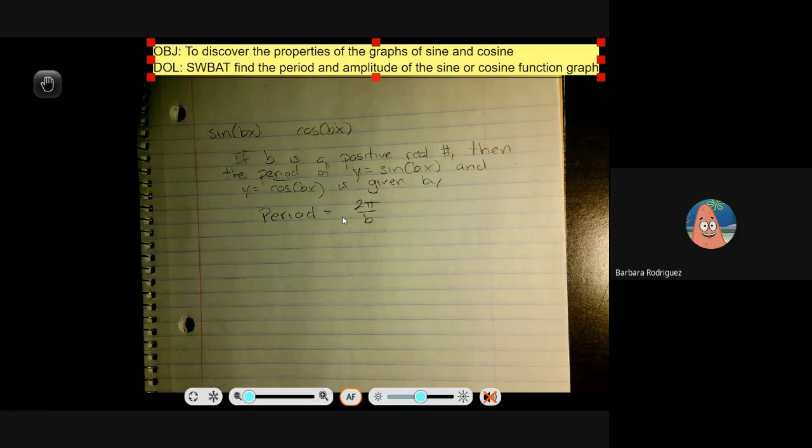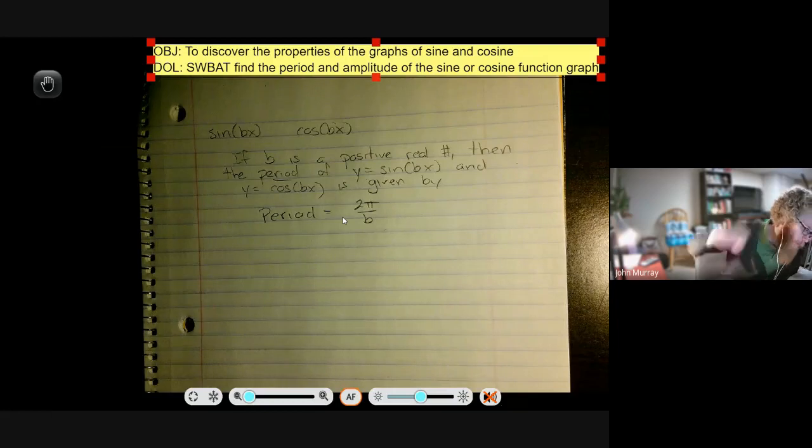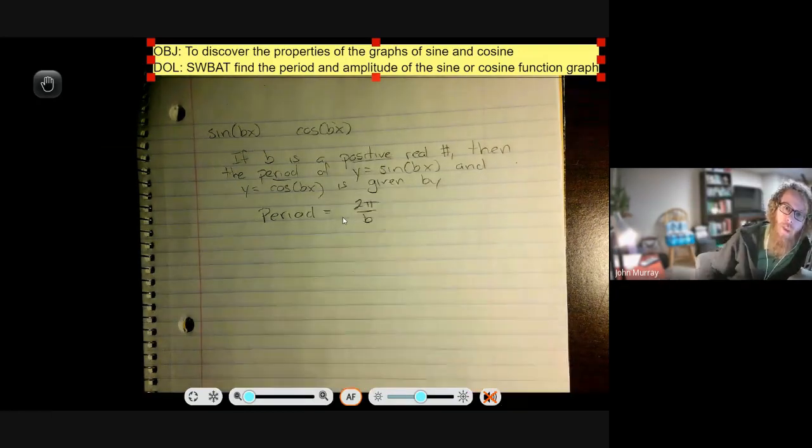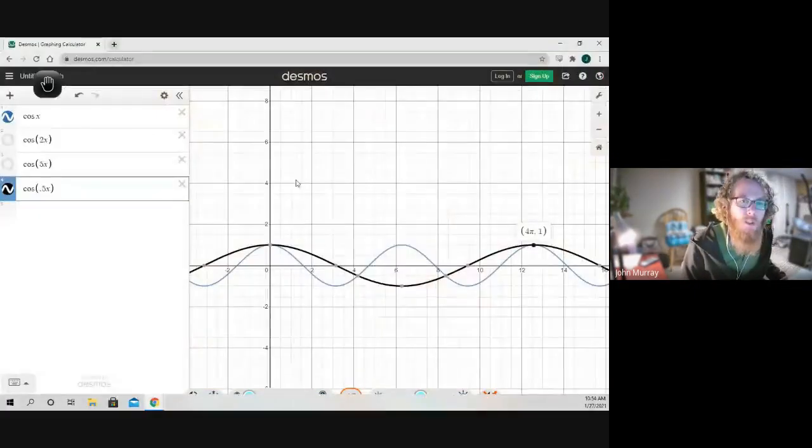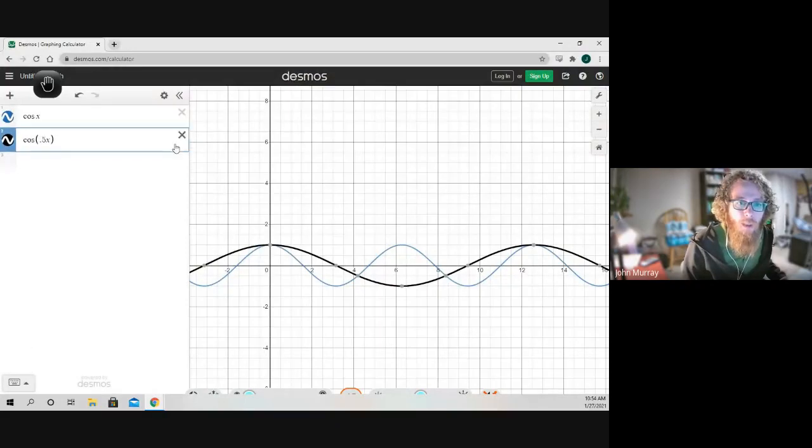Will b ever be negative? That's a good question. No. We're usually going to keep that positive. But let's take a look. Let's do some discovery. So I'm going to keep the cosine there.